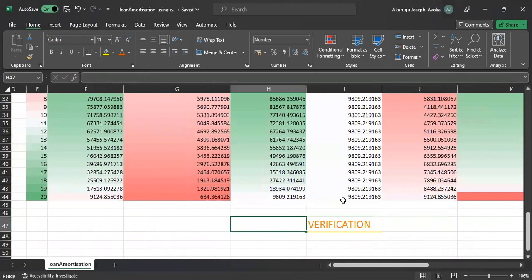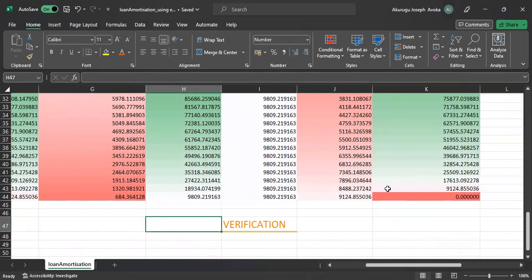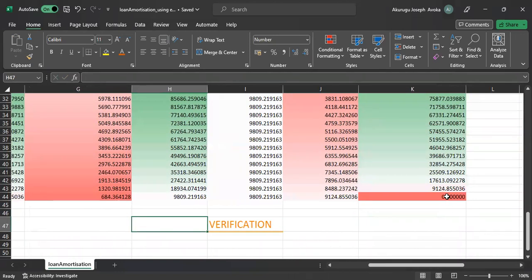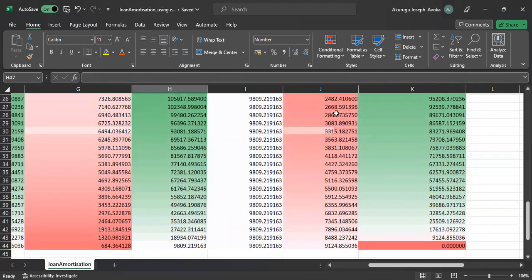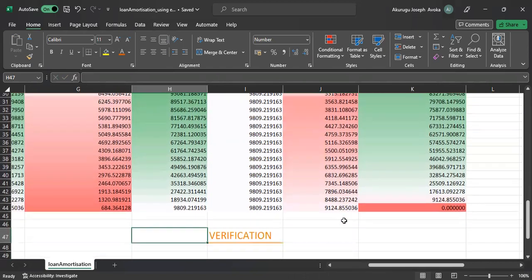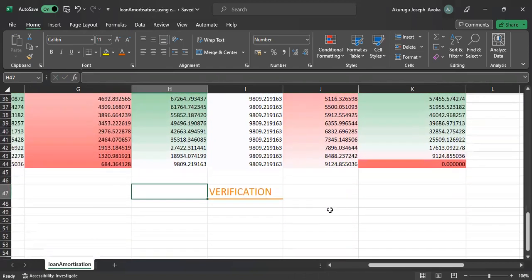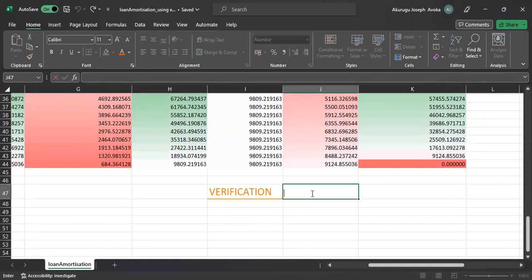Now, if you want to know whether what you have just done is right, you can check that the last value here is 0. Another way is to sum up the principal repayment to see if indeed you get the principal or the loan facility, which in this case is 100,000 Ghana cedis.